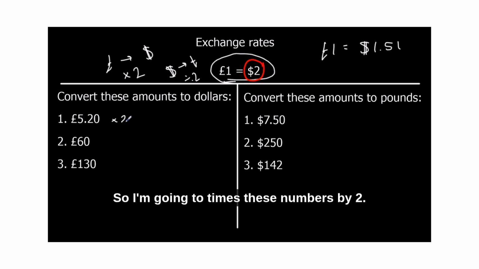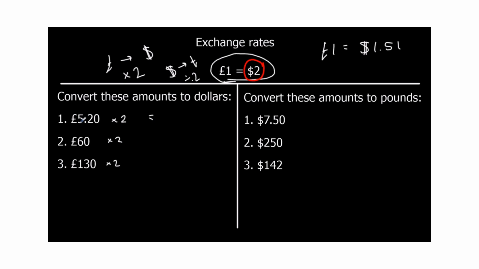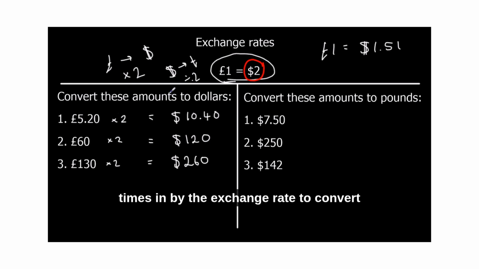So I'm going to times these numbers by 2, and that's going to convert them into dollars. £5.20 times 2 gives me $10.40. £60 times 2 is $120, and 130 times 2 is 260. So we're just timesing by the exchange rate to convert pounds to dollars.